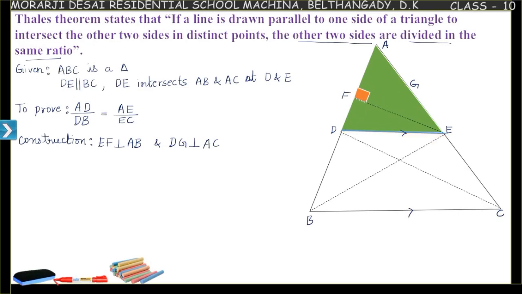This is the construction. EF perpendicular to AB, DG perpendicular to AC. Now proof.